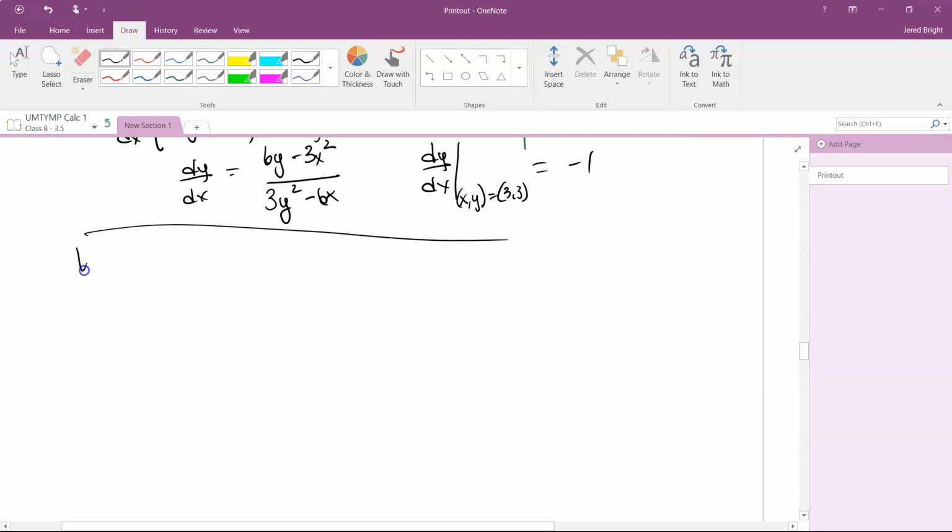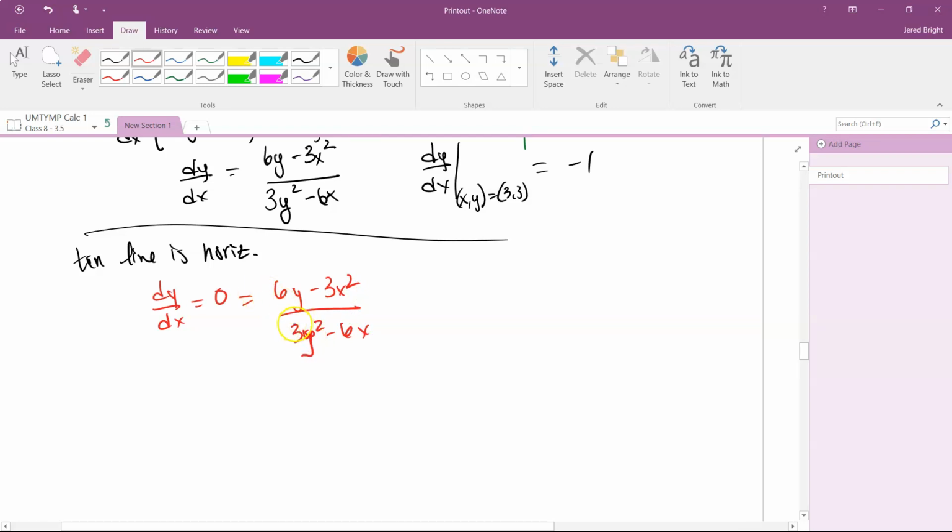I want to find where the tangent line is horizontal. Well, if the tangent line is horizontal, what do I know about the derivative? The tangent line would have to have a slope of 0, meaning that the derivative is 0. So this is (6y minus 3x squared) over (3y squared minus 6x), as I found above.